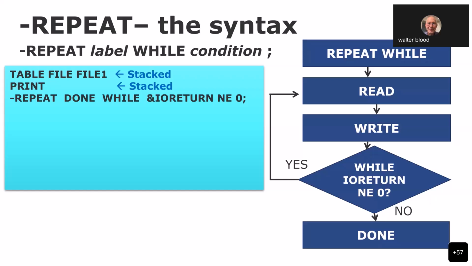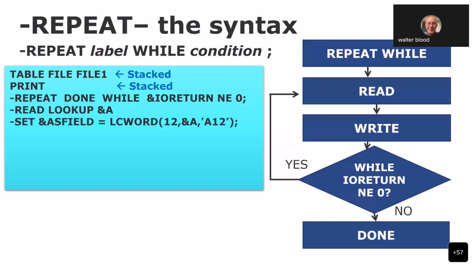I can build a repeat in here to collect field names, which is what I've done. I've got a file out there that has the fields that I want to include. It's in lookup. I'm going to do a repeat loop on that until I don't see any more, and I'm going to take that and create the LCA word on the _a, and I'm going to create an as statement.